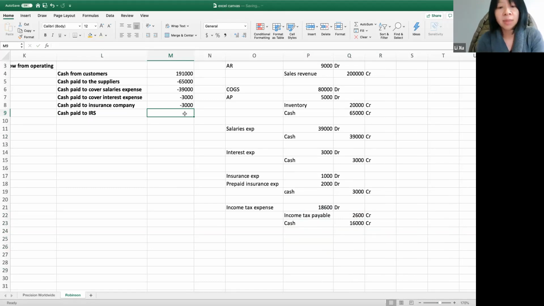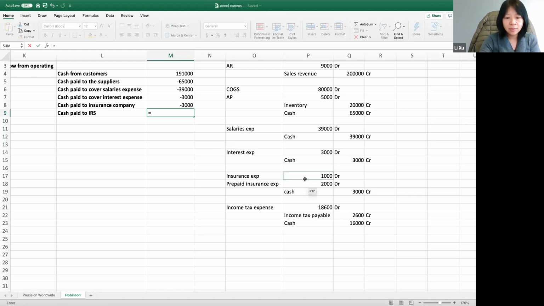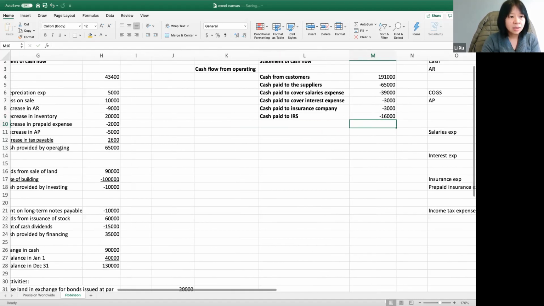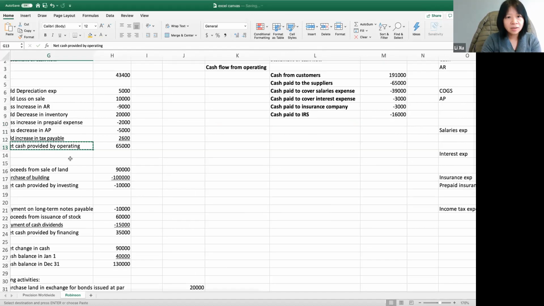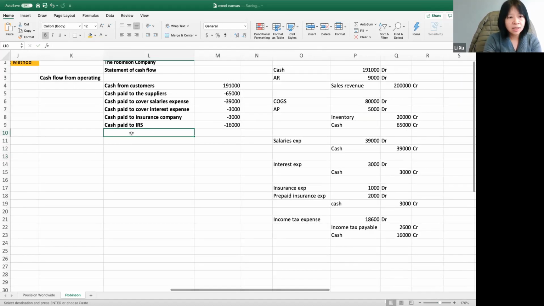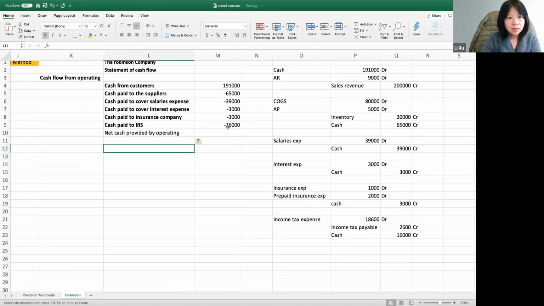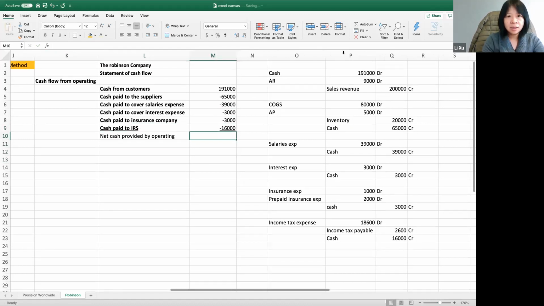You also have some payables, something like that. Okay, so here cash paid to IRS, exactly how much you pay, 16,000. That's it. Then what do you do? You just add all this together. Just to save time, copy paste the title a little bit here, and use the sum.